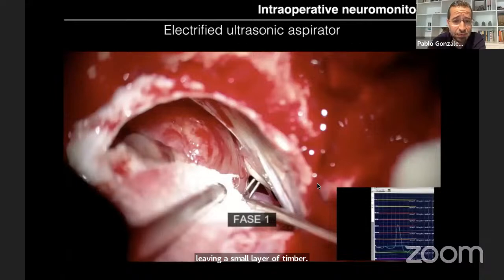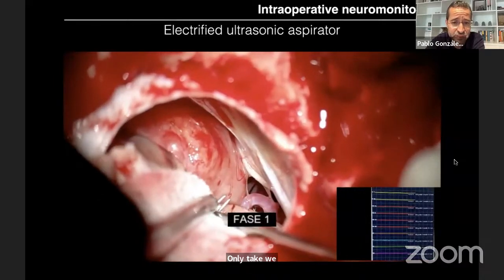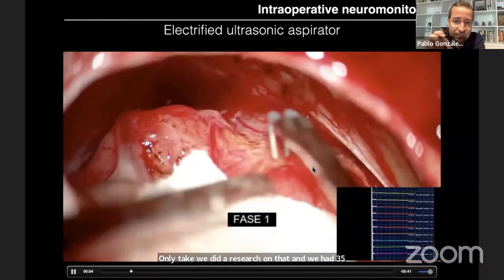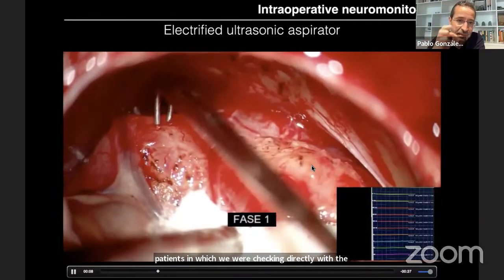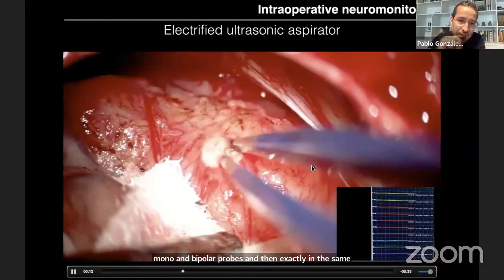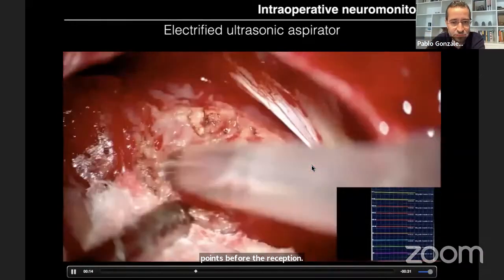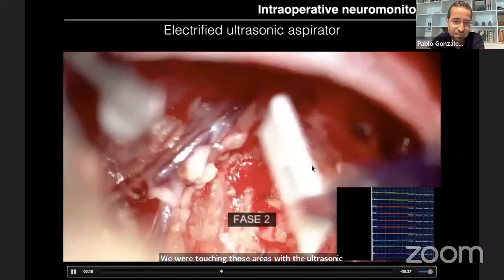We did research on that, and we had 35 patients in which we were checking directly with the mono and bipolar probes, and then exactly in the same points before the resection, we were touching those areas with the ultrasonic aspirator to check how accurate it is and to adjust the parameters.